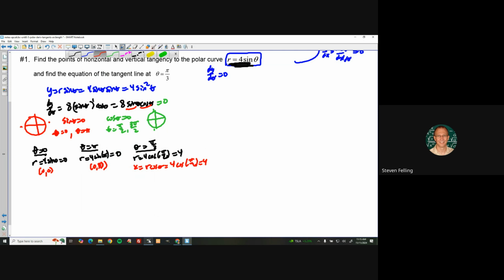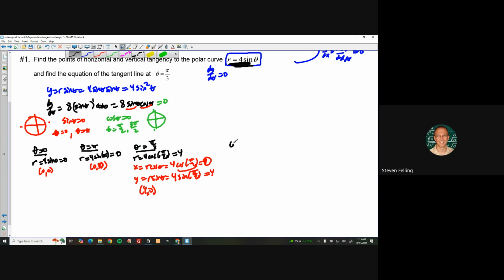Sorry, cosine of pi over 2 is 0. So x is 0. But y is our sine theta, and 4 times sine of pi over 2. Sine of pi over 2 is 1. So that's 4. So 0, 4 would be a point of horizontal tangency.